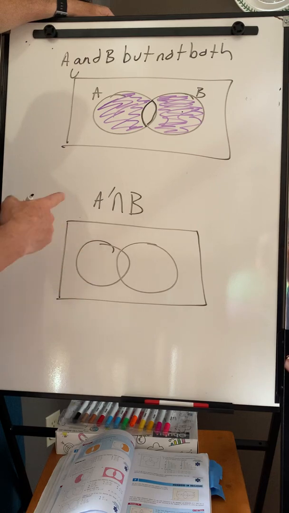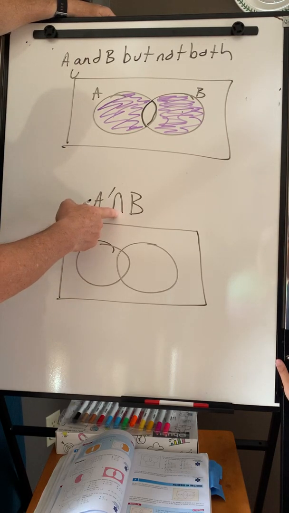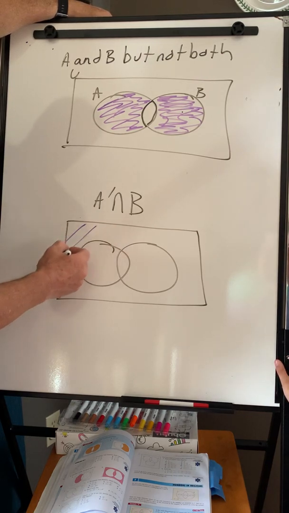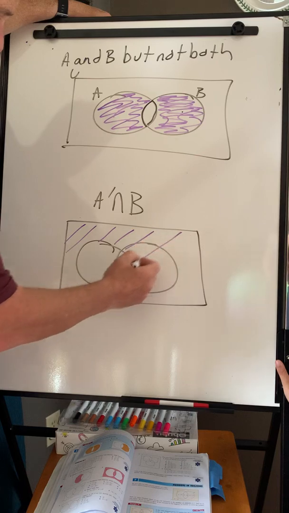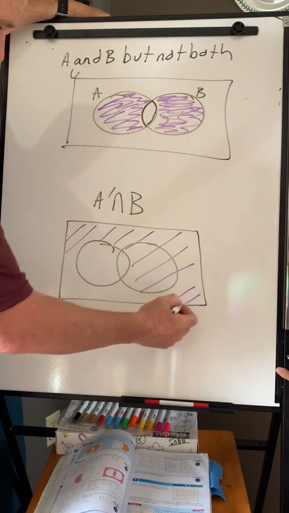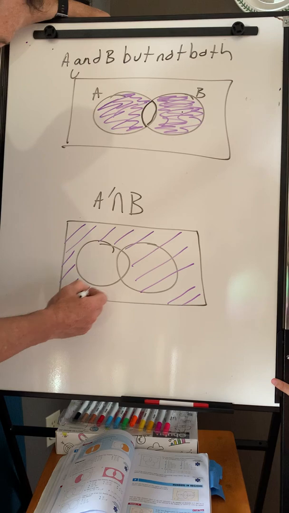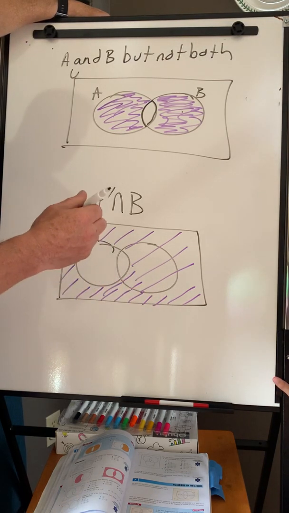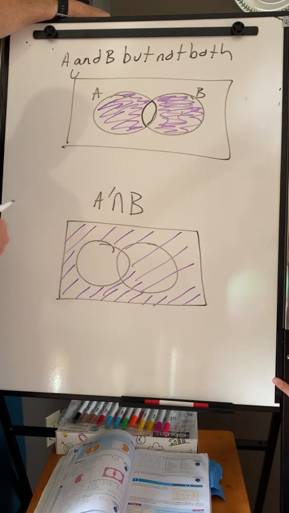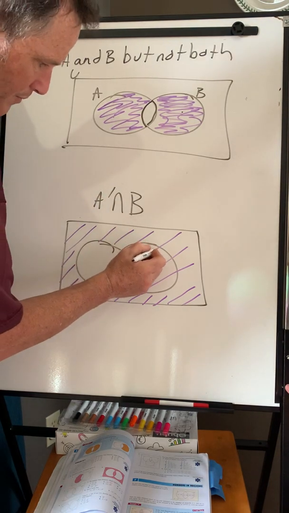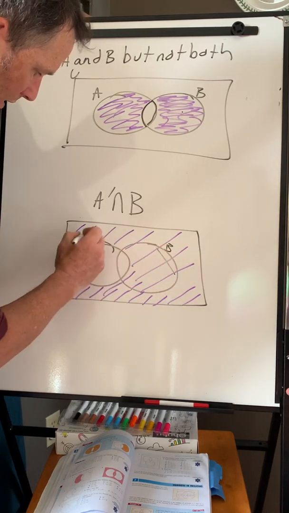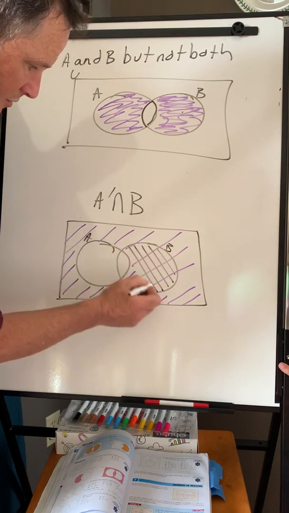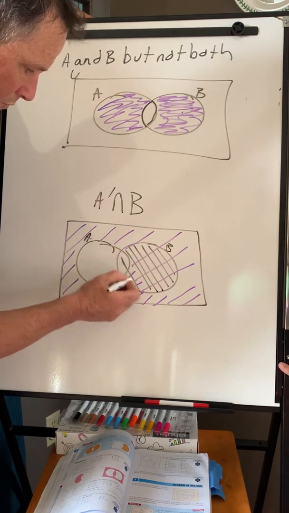Pretty basic. Now, A prime intersecting with B. I'm going to do this two ways. Everything outside of A is A prime. So this represents B, right?